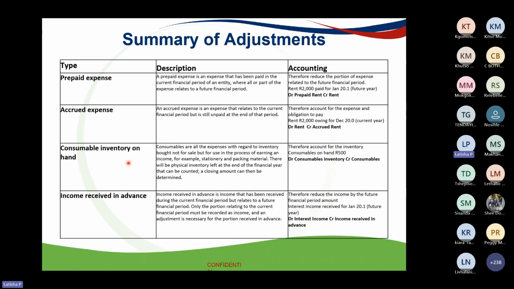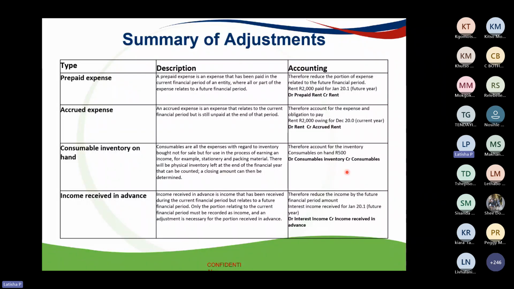Then the next type of item that we have is consumable inventories on hand. So this would be where we are buying and expensing consumables during the year. And at year end, we still have some inventory that's left over. So that would mean we then need to do a stock count and determine what that inventory value is that is on hand at year end.